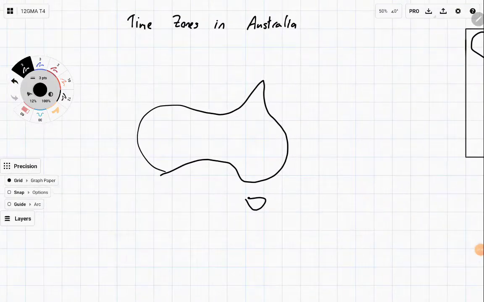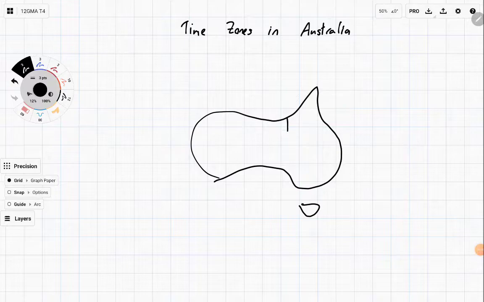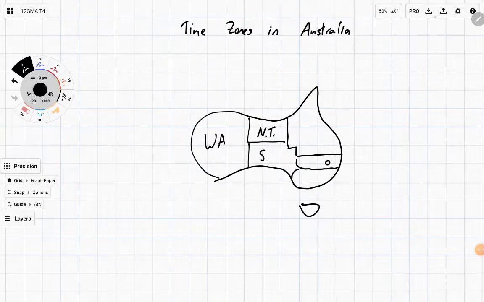So let's talk about Australia. Even within Australia, we have different time zones for each of the different states, including the territory. So let's put a little ACT here, Northern Territory up here, South Australia and WA. So we have WA, NT, SA, Queensland, NSW, Victoria, little ACT, and Tassie.